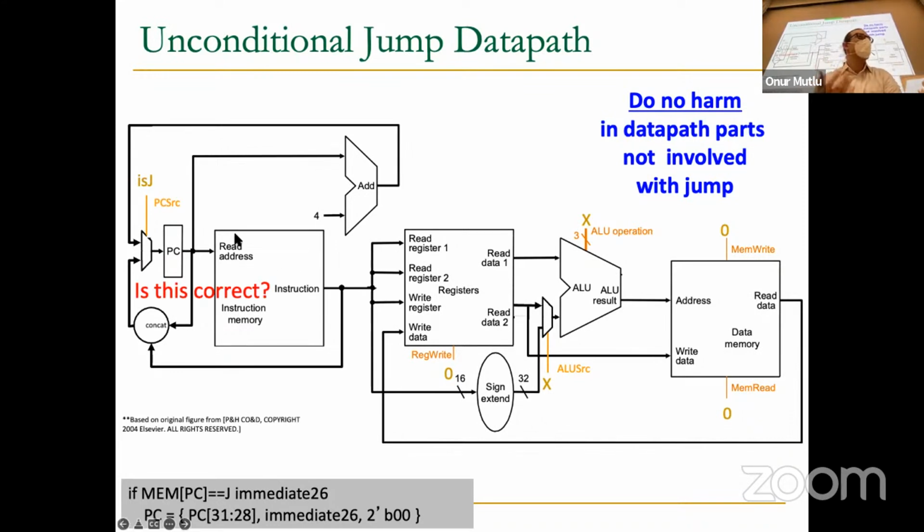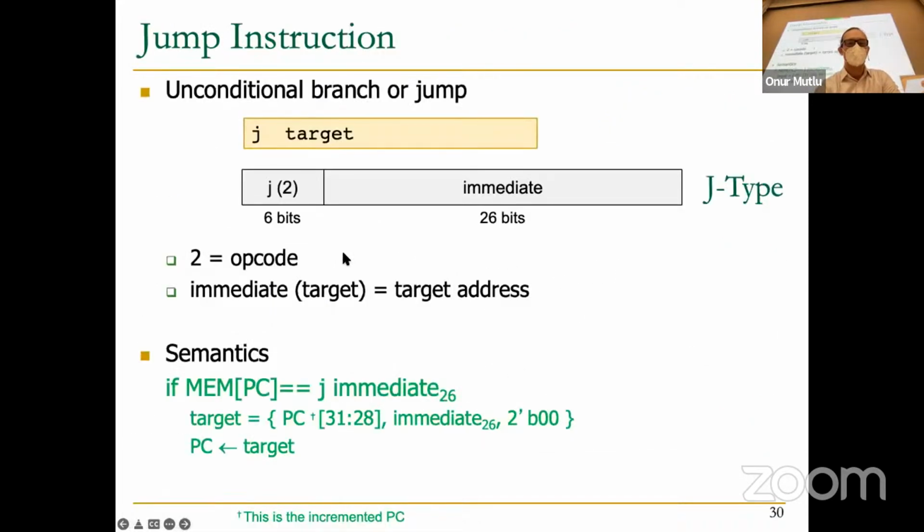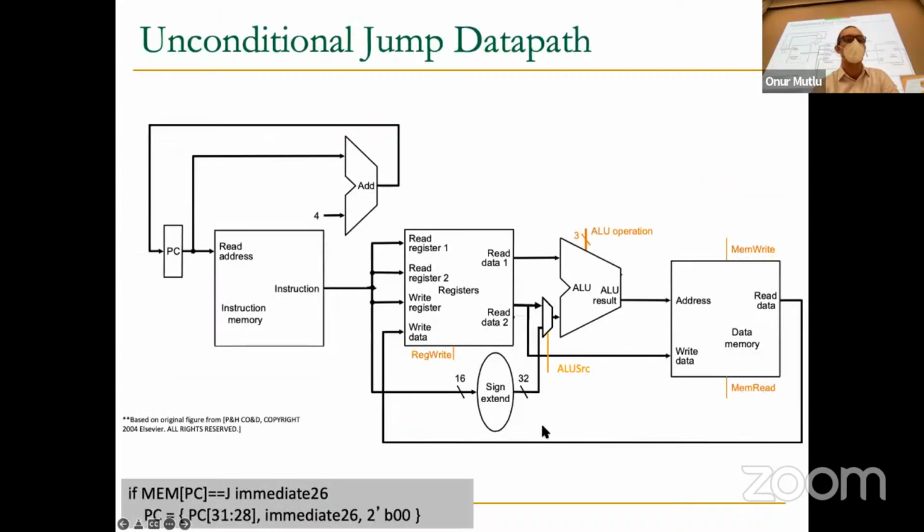And this is actually important, because the ISA specifies, fortunately or unfortunately, that PC should be PC plus 4. Basically, if you go back to this real definition, this is the incremented PC. So basically, the jump specification says that the incremented PC should get concatenated with this immediate and with the 0 bits at the bottom.